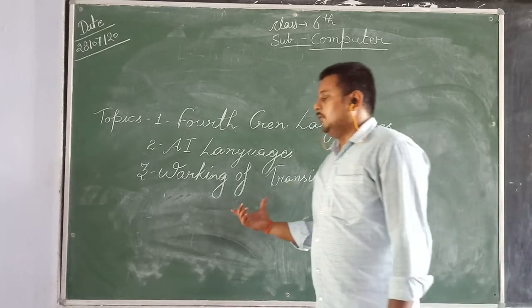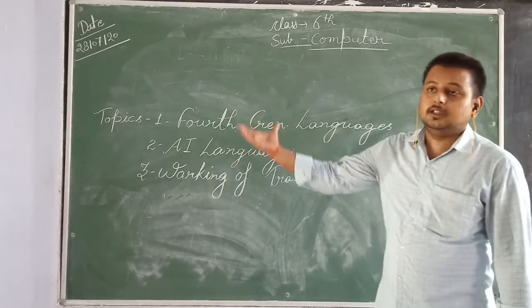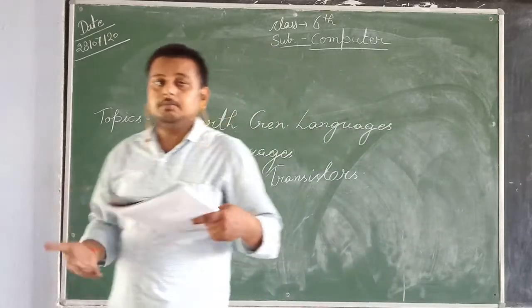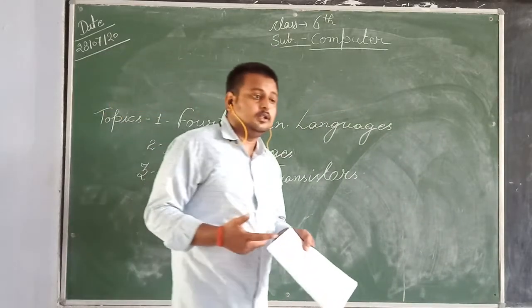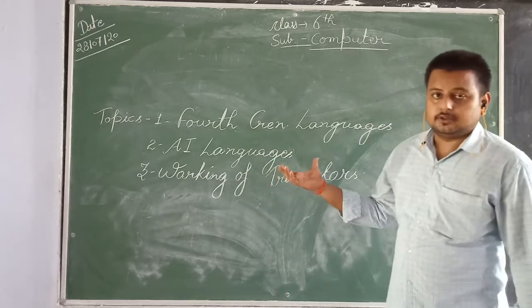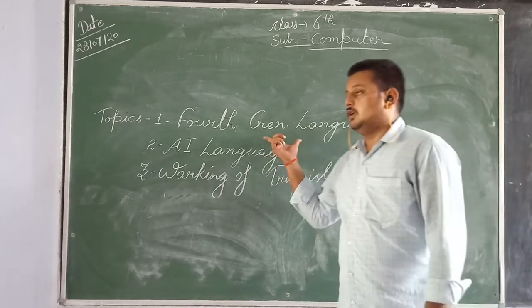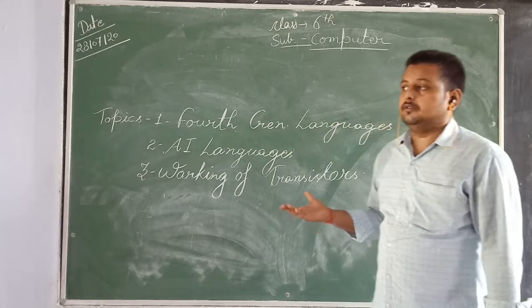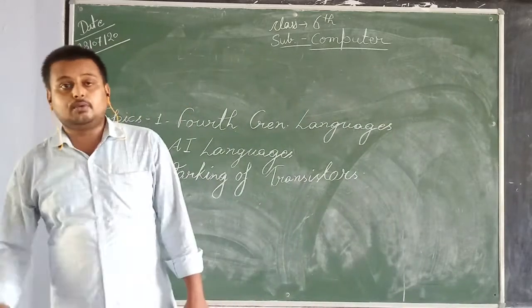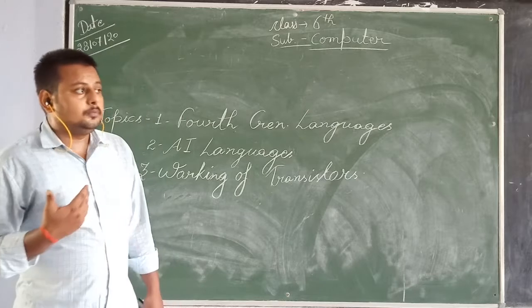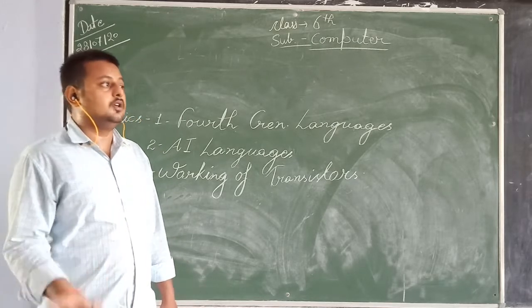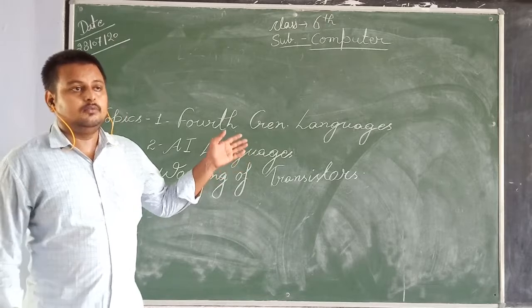But if the teacher explains the whole question and answer in a more desirable language, then you can learn that question. The fourth generation of language is that type of language: you can understand it very easily, and you can develop a software or program very easily.